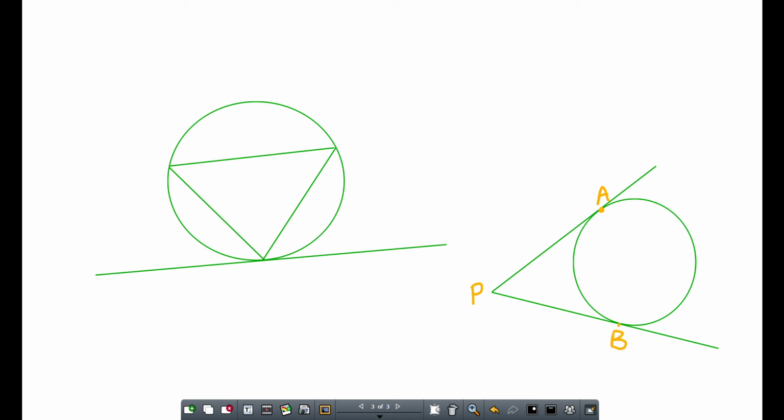Goed, so as ons 'n raaklyn het vanaf dieselfde punt af, dan beteken dit daai twee lyne gaan presies dieselfde lengte wees. Met ander woorde, PA will be equal to PB.